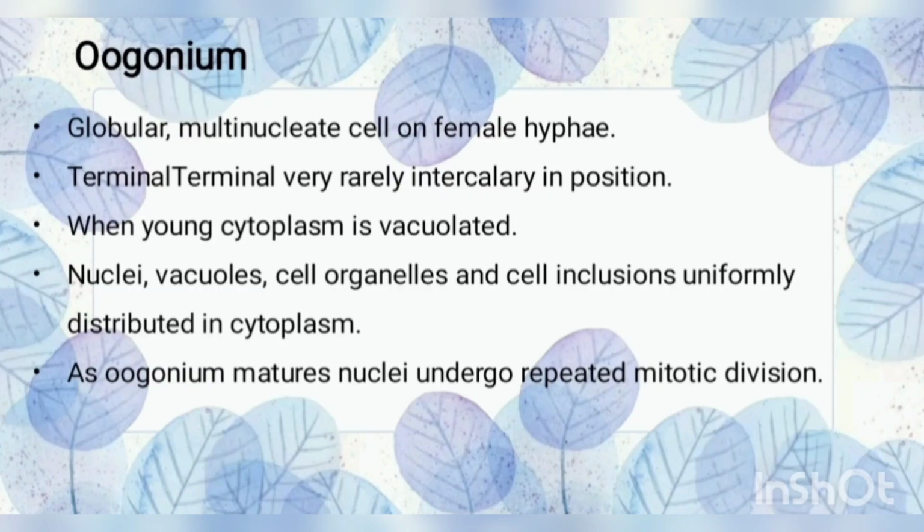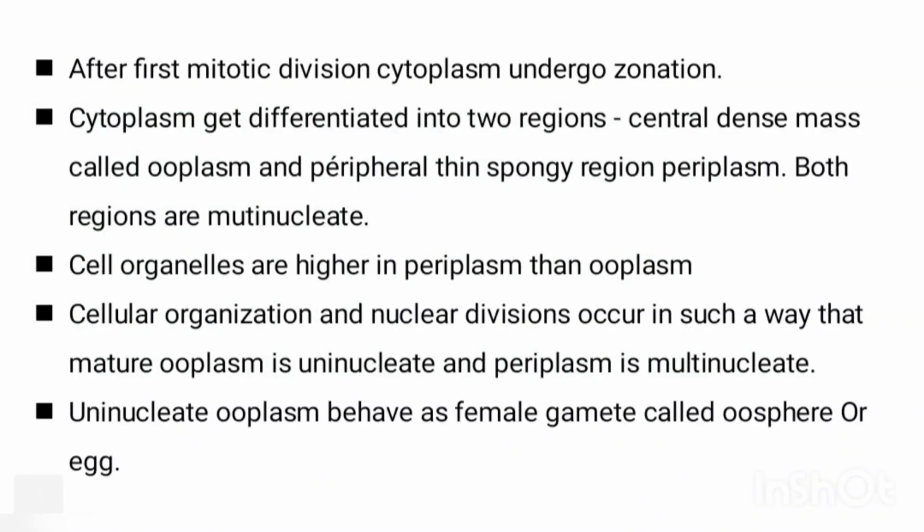So the oogonium is a globular, multinucleated structure, and where is it borne? It is borne terminally on the hypha. After the first mitotic division, the cytoplasm undergoes zonation. At first, we can see that it is completely filled with cytoplasm, but later on it shows zonation.